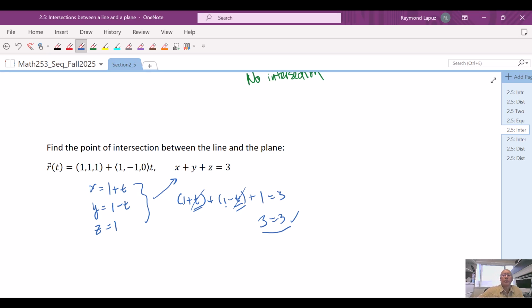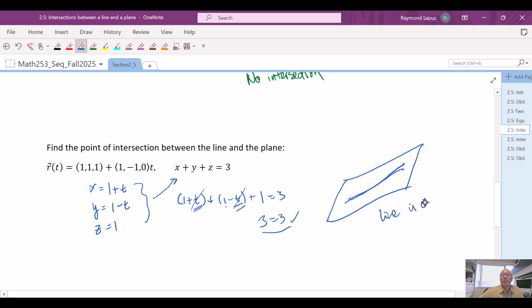So the scenario there is that your line is actually on your plane. Maybe that was a little too much there. So let's just draw a line that's on the plane. Now that the line is on the plane, it intersects at every single point on the line.